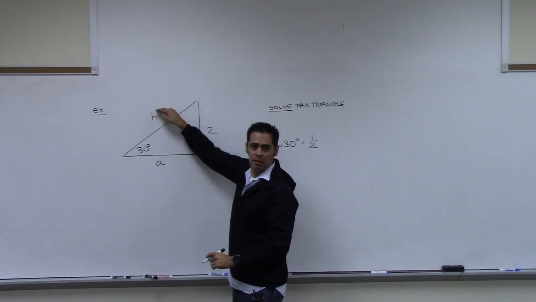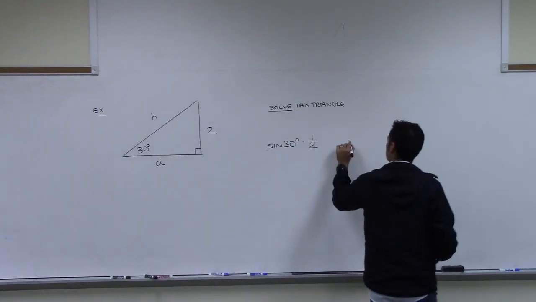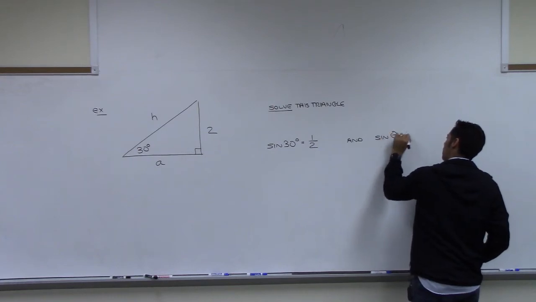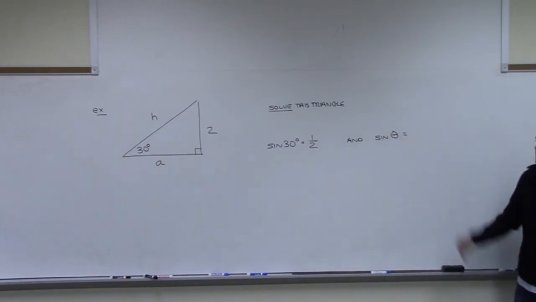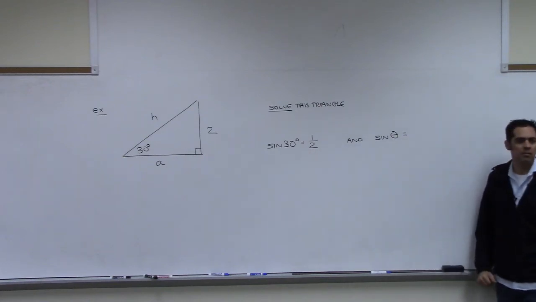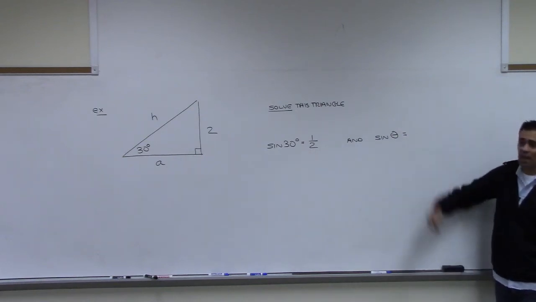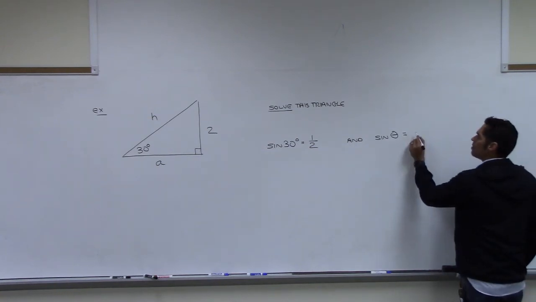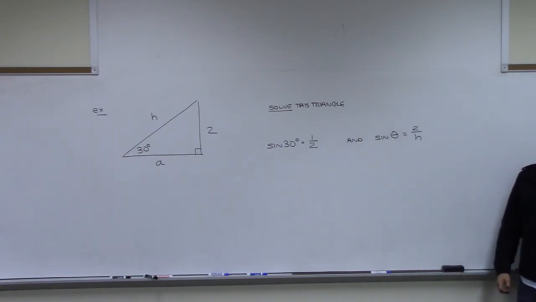By definition, what is sine of any angle on a right triangle? Not sine of 30, but sine of any angle. In terms of the sides, it's what over what? It's opposite over hypotenuse, right? So what is opposite over hypotenuse on that triangle? 2 over h, right? You all with me?